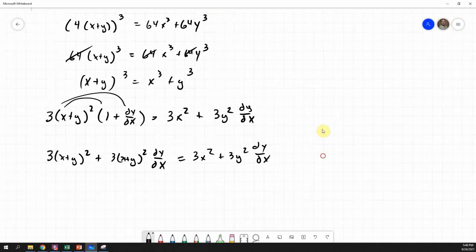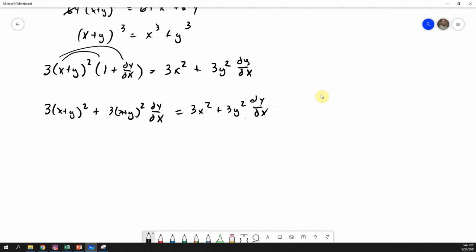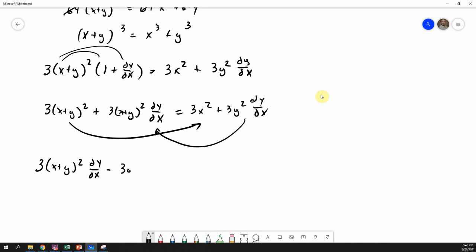So I need to combine my dy dx's. So I'm going to bring this one over here, but I'm going to take this one over there. So I'm going to wind up with 3 times x plus y squared dy dx minus 3y squared dy dx equals 3x squared minus 3 times x plus y squared.